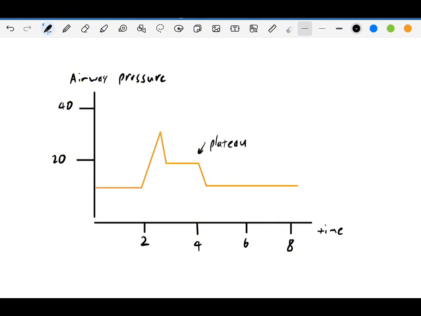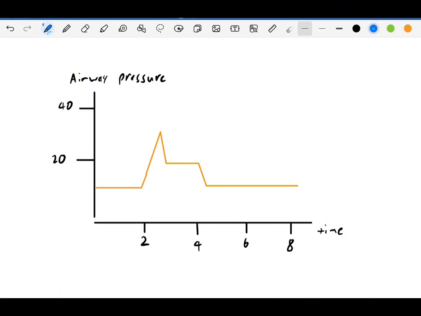Before that plateau, this represents your peak. The peak comes first, and then after that is your plateau. This makes sense because the peak is the highest point on the monitor. Now that we understand what a peak and plateau are, let's discuss some abnormal findings.